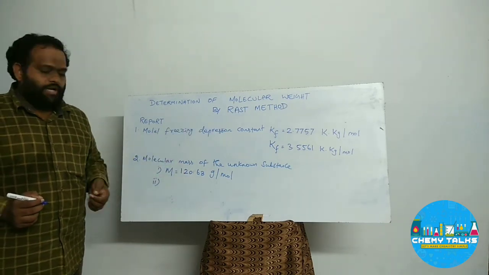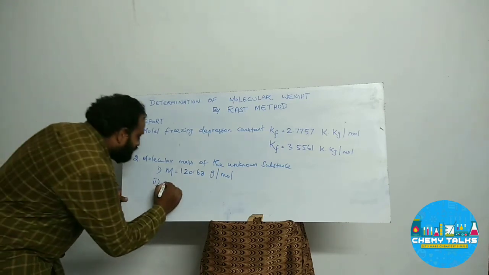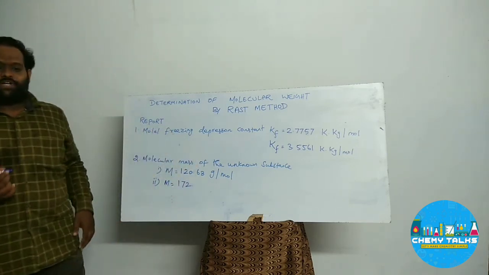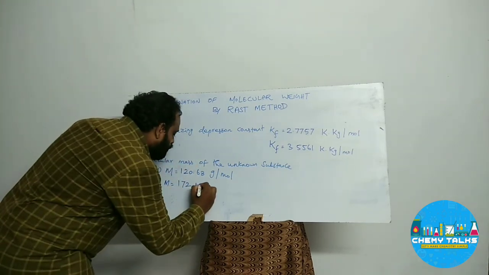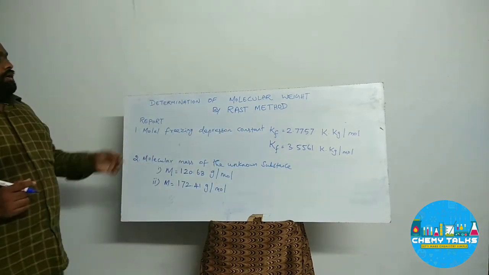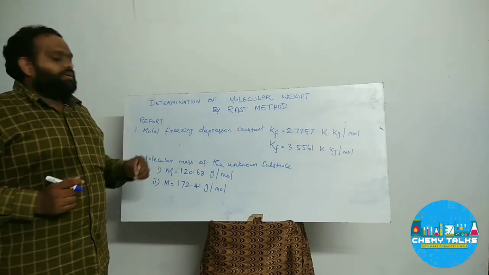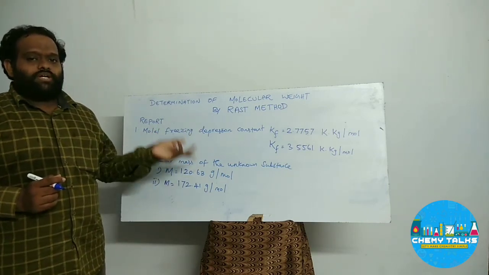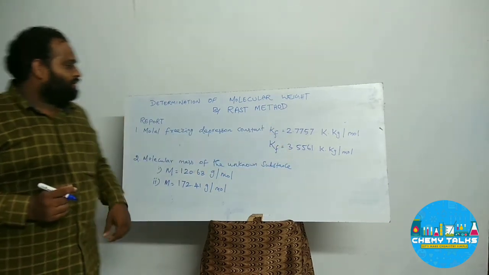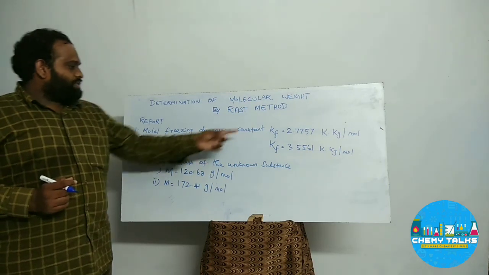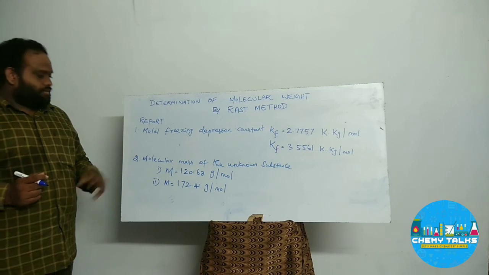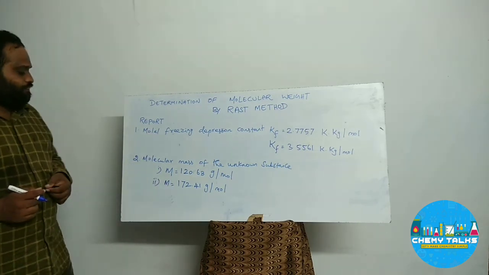From the second Kf value, we obtained M is equal to 172.41 gram per mole. So first, from the difference between the freezing point of the solution and the solvent, the molar freezing depression constant is determined. From the molar freezing depression constant, the molecular mass of the unknown substance is determined.